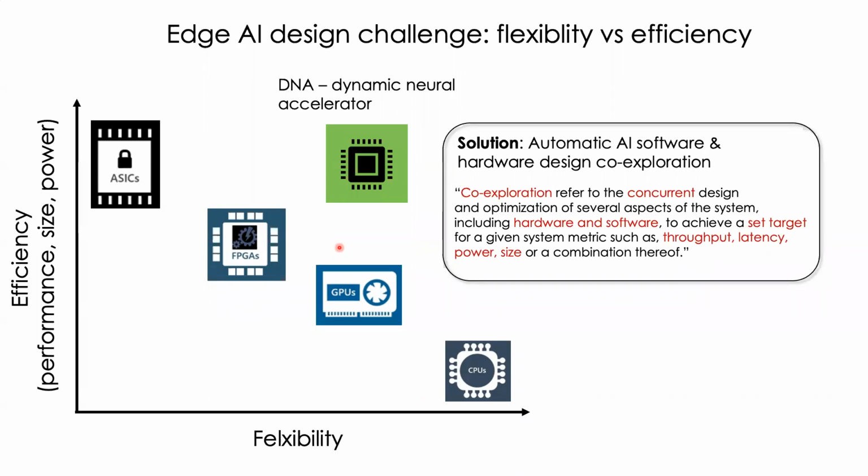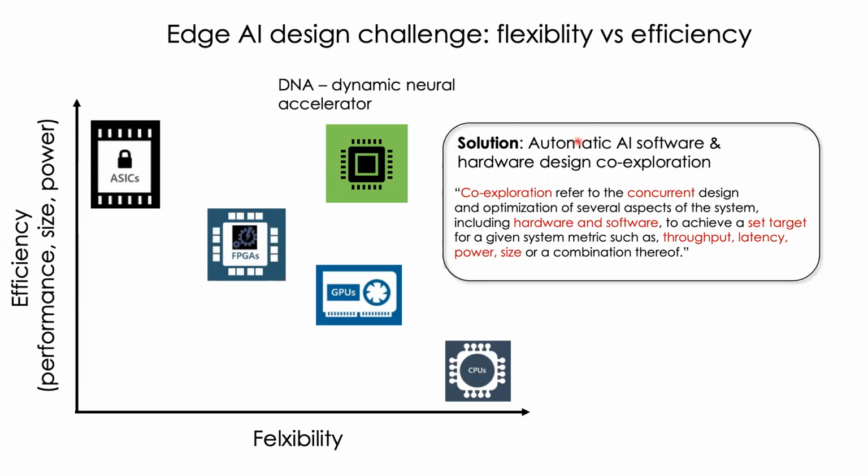Current generation work has been constrained by the fact that you create your algorithm separately, and then you have to retrofit that algorithm on existing hardware. However, if you take a co-design approach, from the very onset you can add constraints on metrics like throughput, latency, power, and size, which we have already established are the key constraints for edge intelligence, in order to design both your algorithm as well as your hardware.